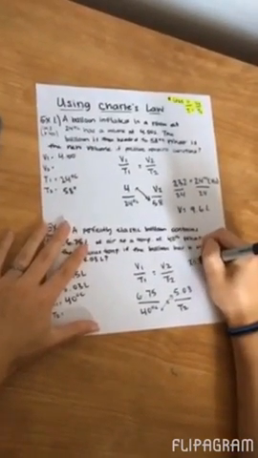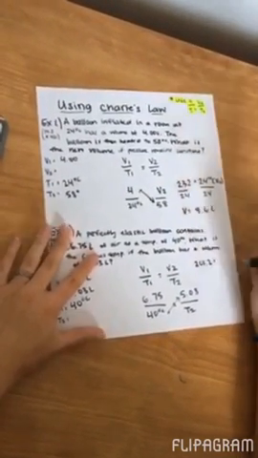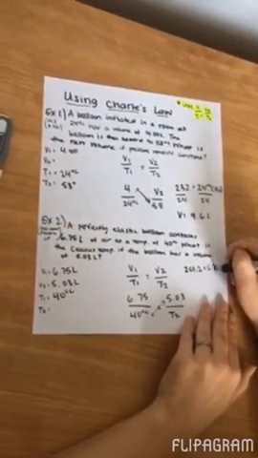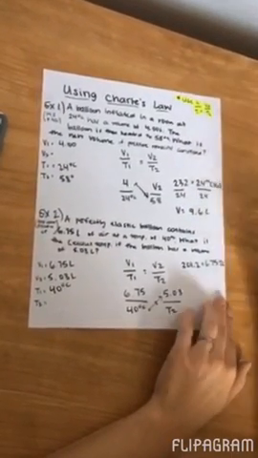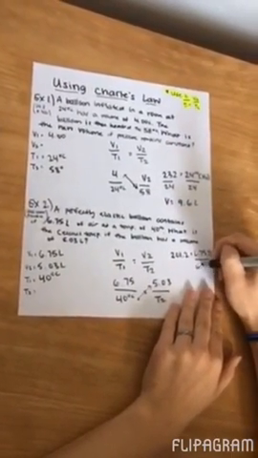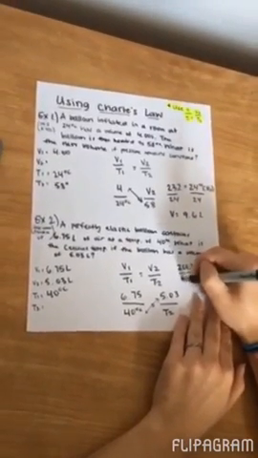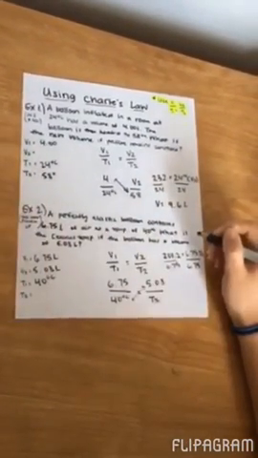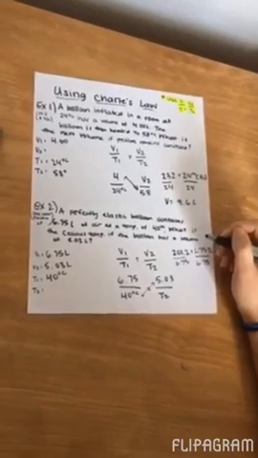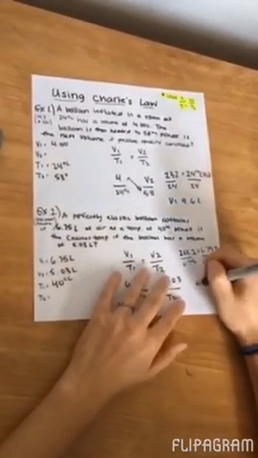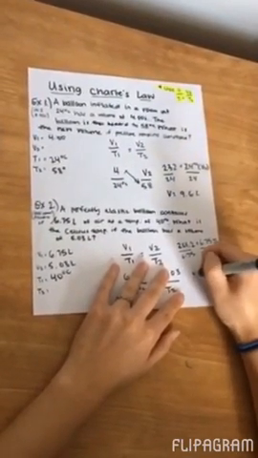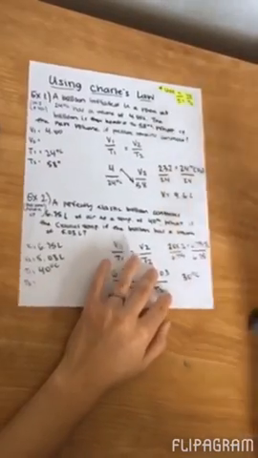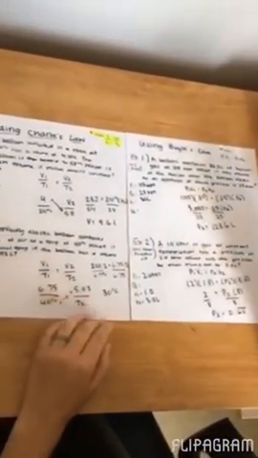That will give us 201.2 is equal to 6.75 times T2. Now let's divide 6.75 on both sides. And that gives us 29.8, and that can be rounded to 30 degrees Celsius. So for both of these problems, you may have to round, or you may have to convert liters to milliliters.